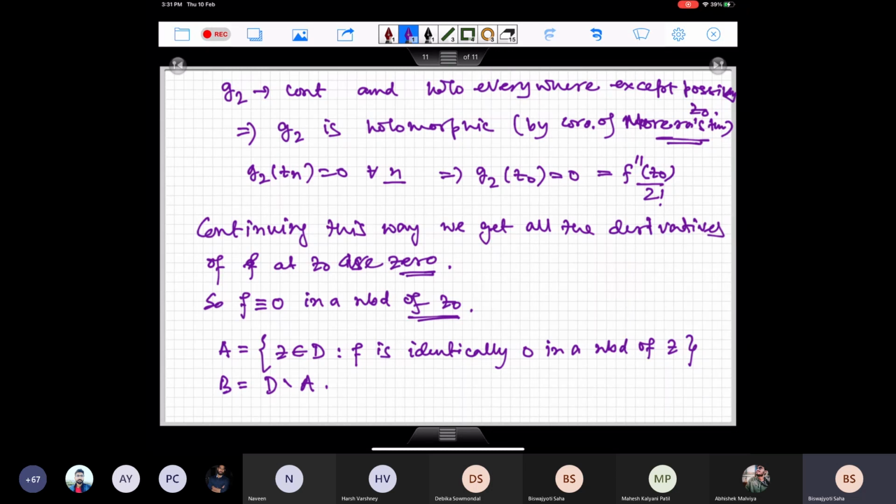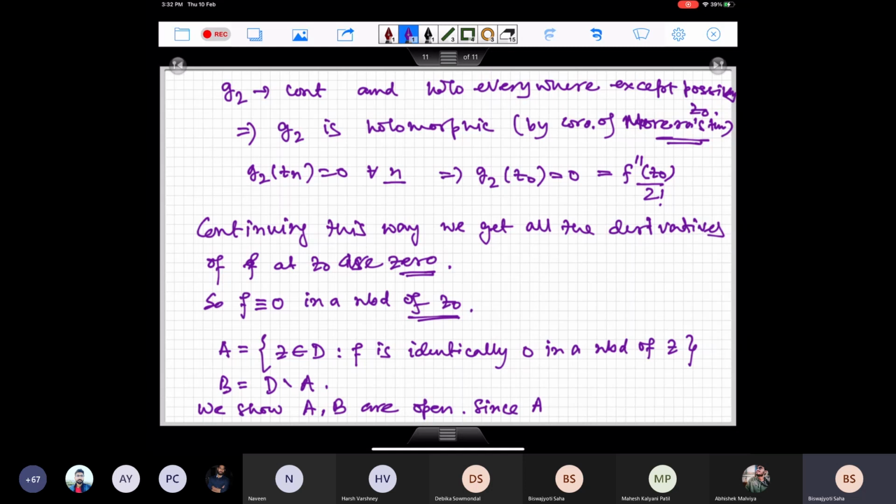So is this clear? The remaining part of the proof is that we show A and B are open.